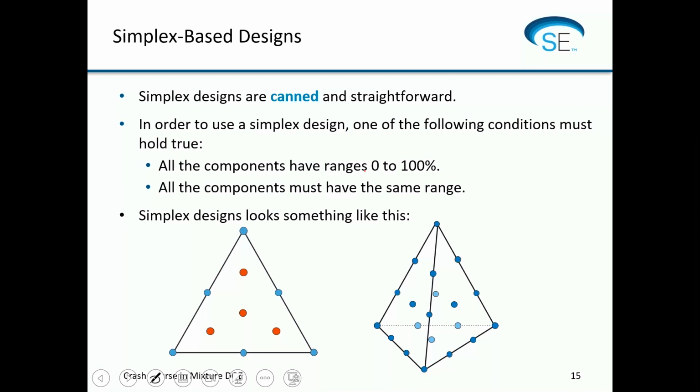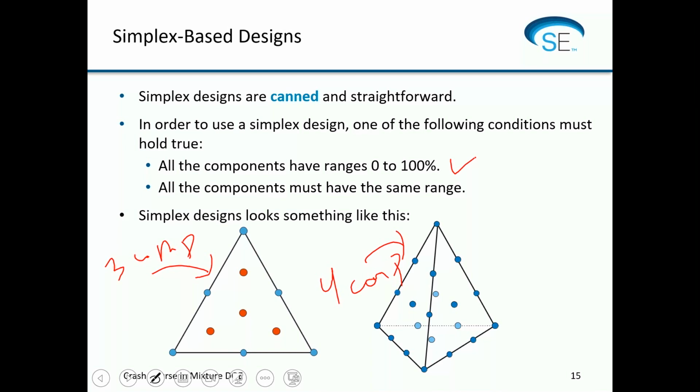But in order to use a simplex design, this is a picture of a 3-component simplex design. It's similar to the one that we saw before. This is a picture of a 4-component design, and notice how conveniently everything looks like a triangle or a simplex. If you want to use one of these designs, all the components must have ranges 0 to 100%, or a little more general, all the components must have the same range.